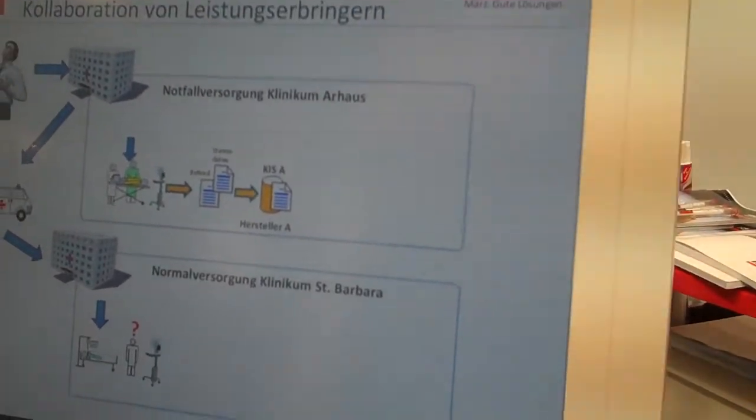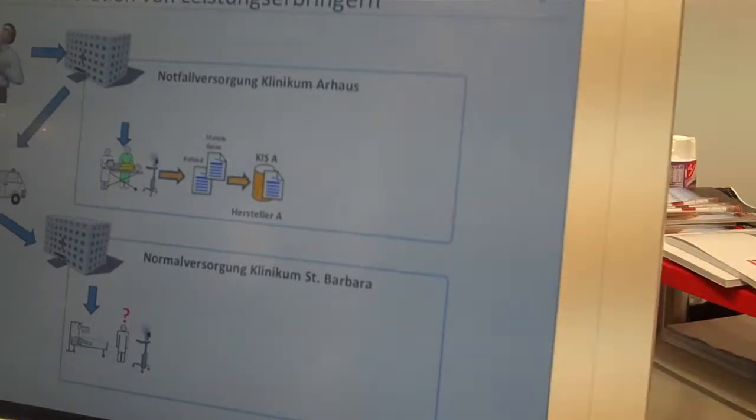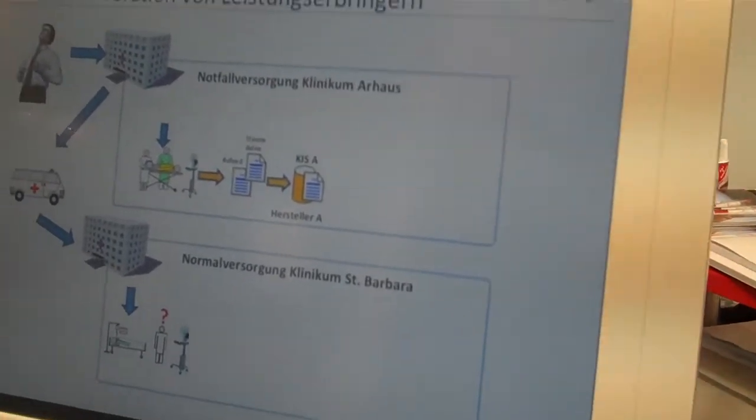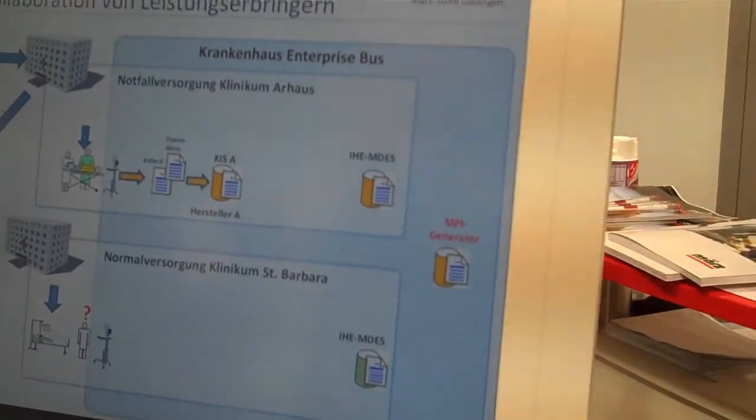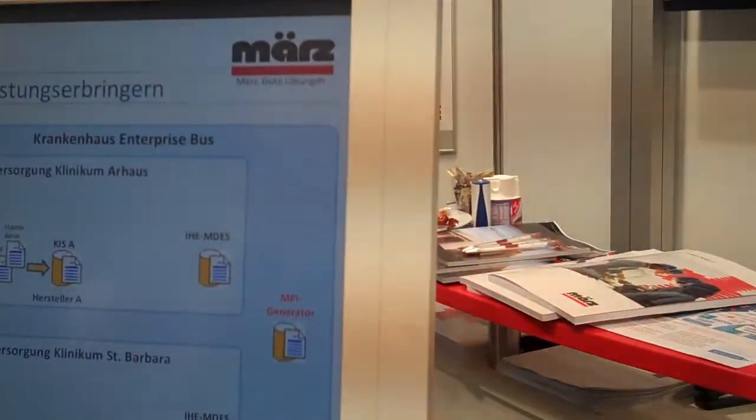Since the documents are already available, we don't have to take another ECG. The patient didn't have to be transported, so we save time and reduce cost. So let's go into the electronic health record.